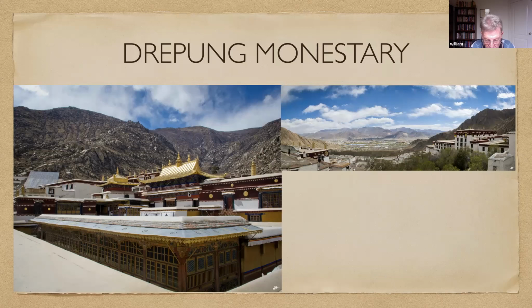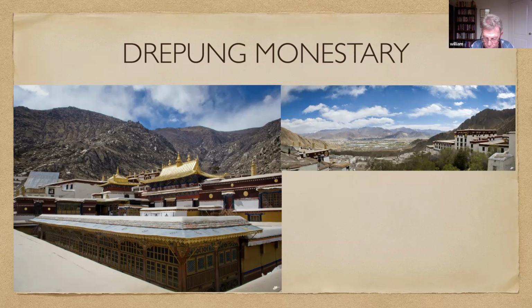This monastery was known for its very high academic standards. It was actually called the Nalanda of Tibet. This was a reference to a great medieval Buddhist monastic university in India known as Nalanda, where all the great monks of northern India were educated. So this has been called the Nalanda of Tibet.